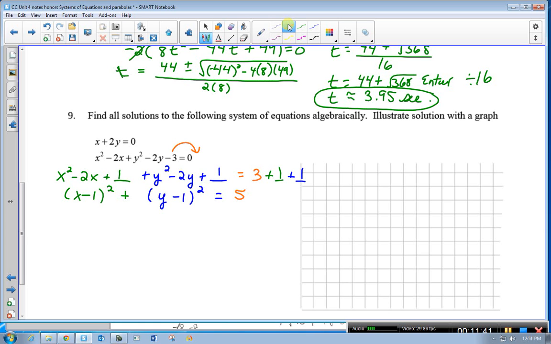So we have a circle with a center at 1, 1, and the radius is equal to the square root of 5. So the square root of 5 is about 2.23.